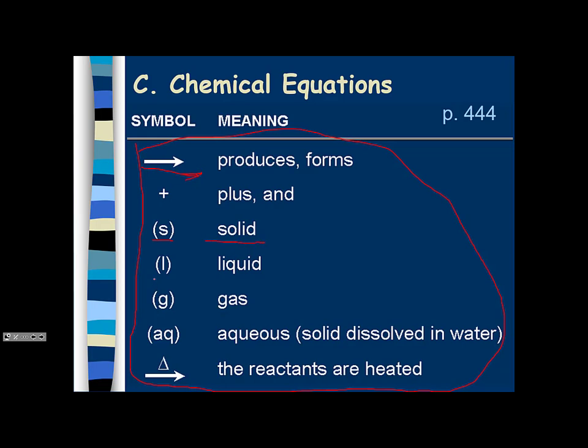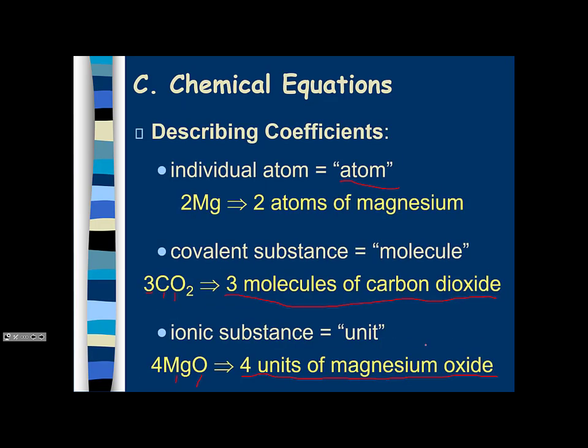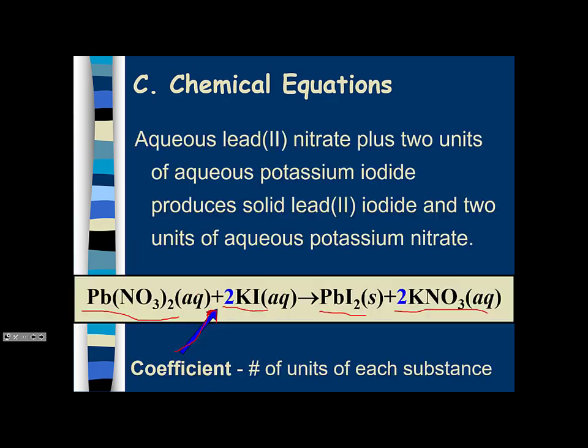S means solid, L means liquid, G means gas, AQ means aqueous, which just means dissolved in water. So if we go back, we can see that this is aqueous, this is aqueous, meaning dissolved in water again. This one is solid, but this one is aqueous as well, okay?